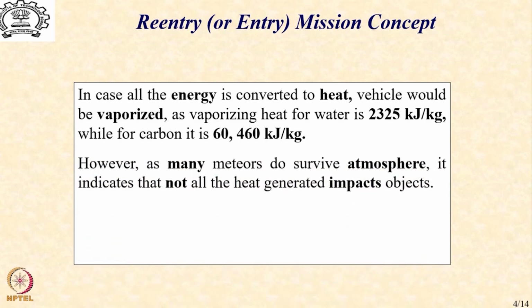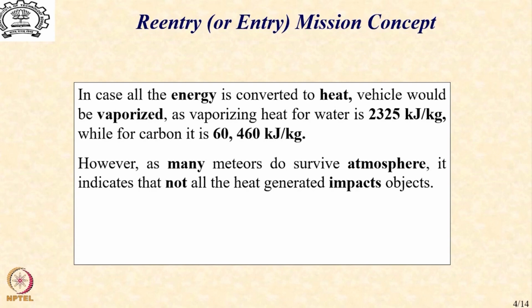Of course, we have examples of many meteors that do survive the atmosphere, which also contain similar material as the vehicles that we send out in the atmosphere and outer space.